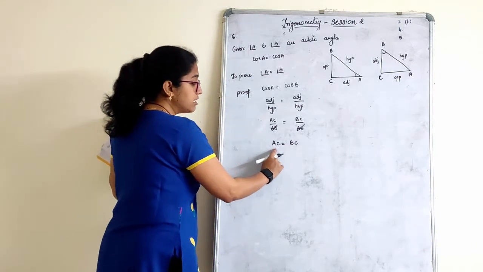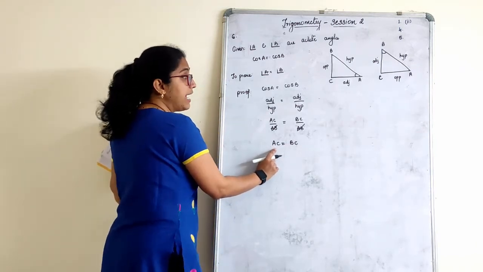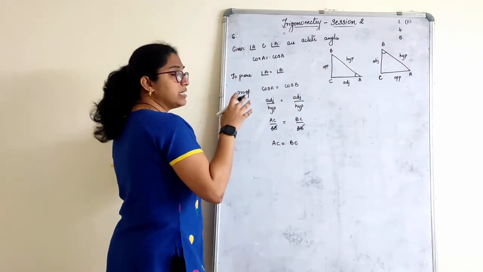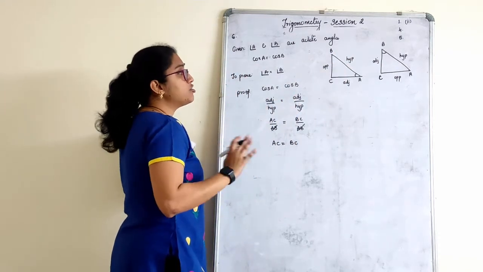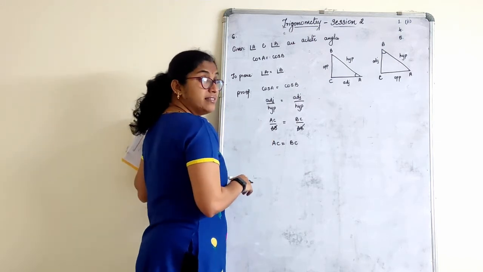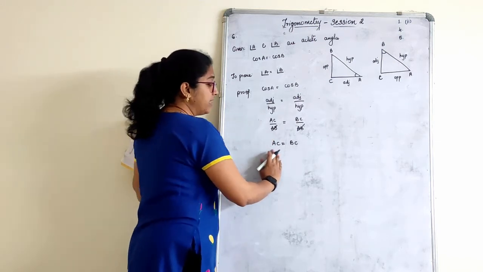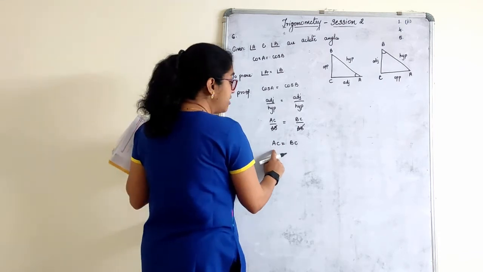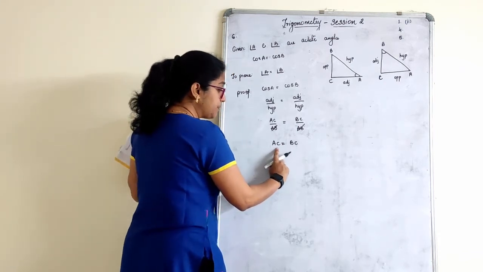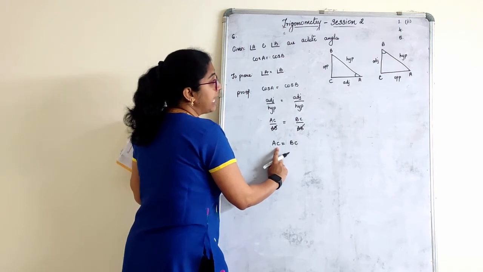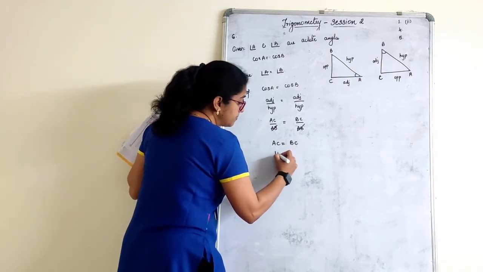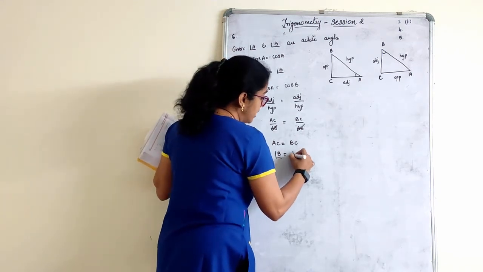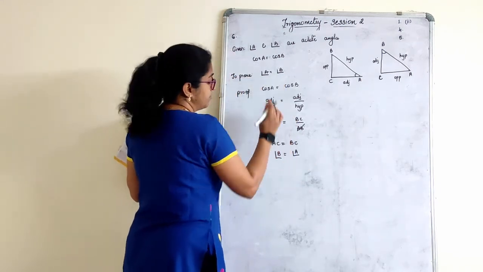With respect to AC, what is the angle? Any figure you can take. Forget about sine A, cos A, any trigonometric ratios for now. Generally, come to your 9th standard. In a triangle, when two sides are equal, what do we find? Angles opposite to equal sides are equal, right? With respect to AC, give me an angle. It is angle B. With respect to BC, give me an angle. It is angle A. What do we want?